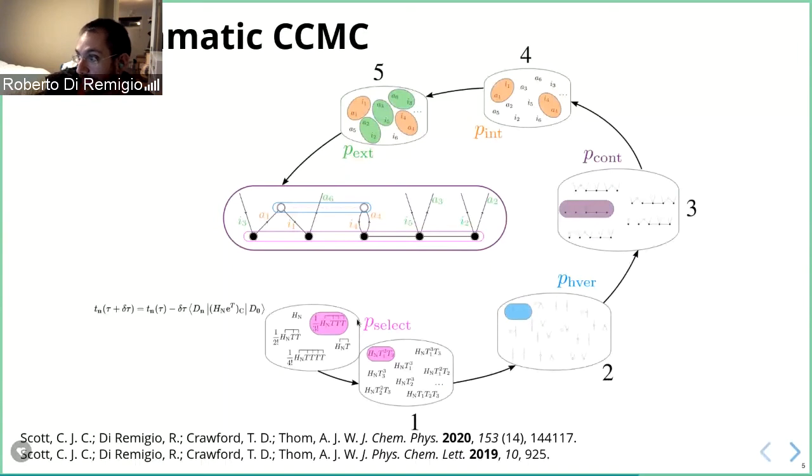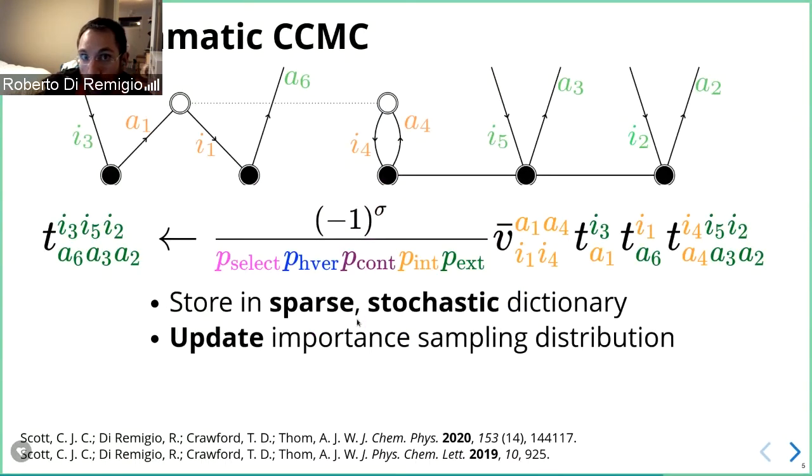And concretely, what this does is select one specific diagram, which will correspond to one specific amplitude, and this amplitude will be stored in our wave function representation, but only if its absolute value is above a preset threshold, which gives us the stochastic sparsifying of the cluster operator.